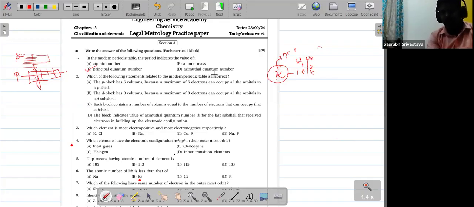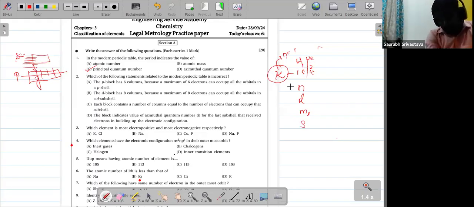Suppose if they would have given the azimuthal quantum number or angular quantum number, then how can we identify? So that is the next part. Principal quantum number means n, azimuthal quantum number means l, magnetic quantum number means ml, and last, spin quantum number means s.